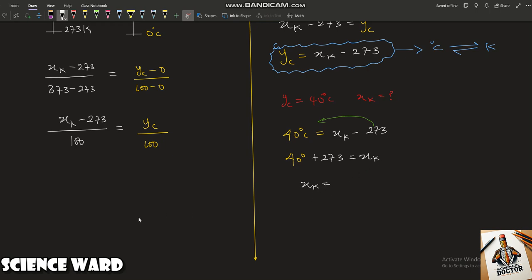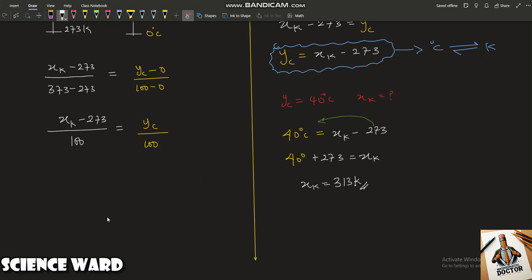And the xK in this case is going to be 273 plus 40 degrees, and that will give us xK to be 313 Kelvin. There we go. So this is a very basic rule to convert between Celsius and Kelvin scale.